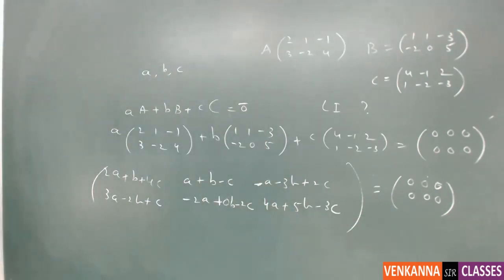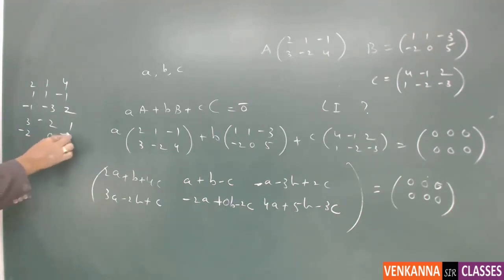Now, if you compare these two matrices, you will have 6 equations as a homogeneous system. So you will write a 6 by 3 matrix: 2, 1, 4; 1, 1, minus 1; minus 1, minus 3, 2; 3, minus 2, 1; minus 2, 0, minus 2; 4, 5, minus 3.